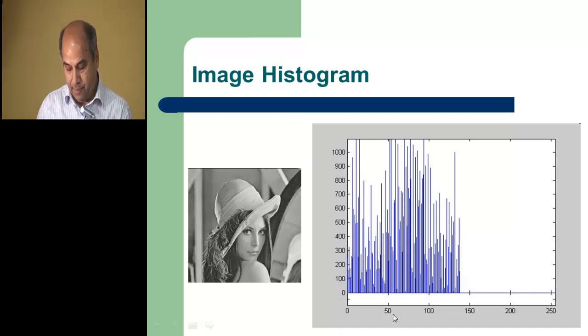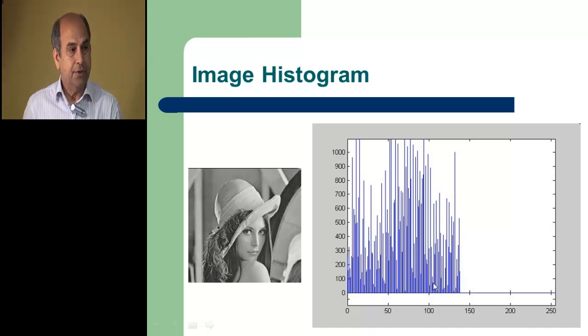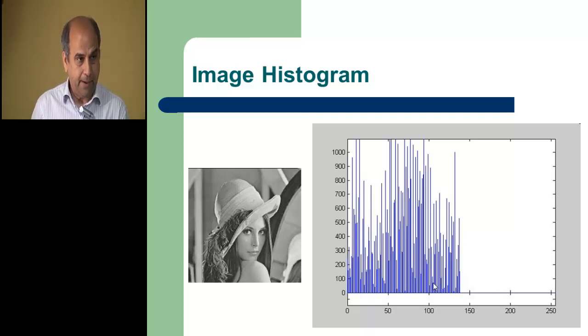Suppose we have a lot of pixels around this gray level, which is very high, but very few pixels at these gray levels. So that gives you the overall distribution, and that's a very important property of an image, and we are going to use that. It's called a histogram. So you just count the number of pixels at gray level 0, the number of pixels at gray level 1, 2, 3, you go all the way to 255, and that gives you the histogram.